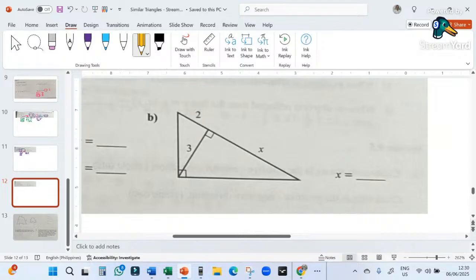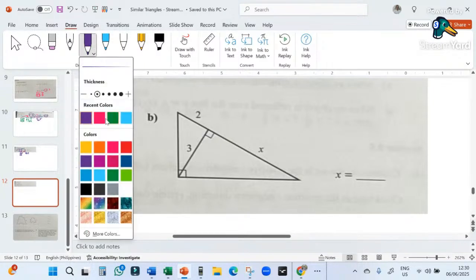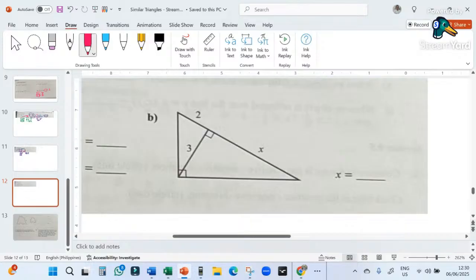Okay, for this one, it could be a bit tricky, but if you know how to do the similar lengths, then it is easy. In a triangle, there are always three sides.